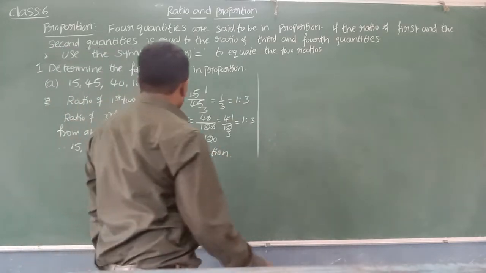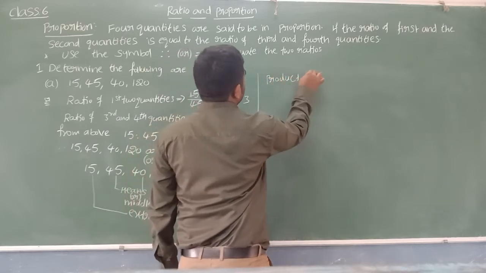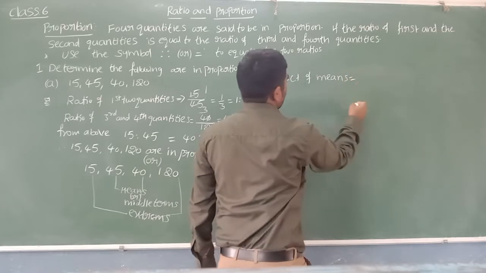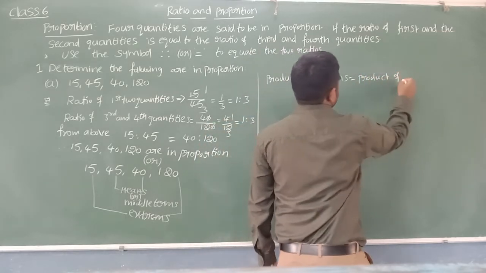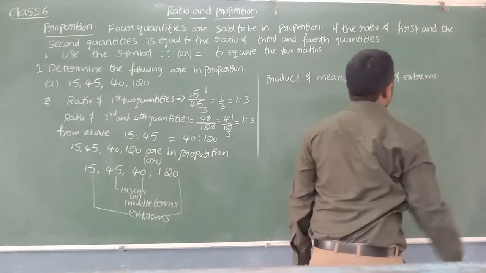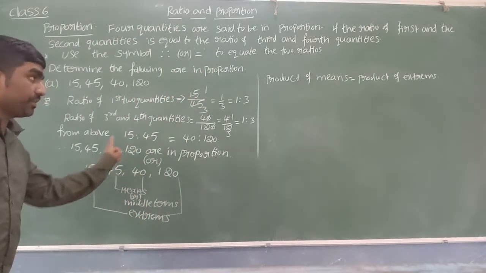So we can verify the condition. Here we have a condition that the product of means is equal to the product of extremes. Multiply the means and multiply the extremes.